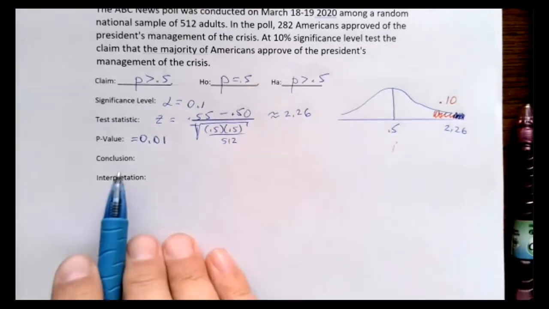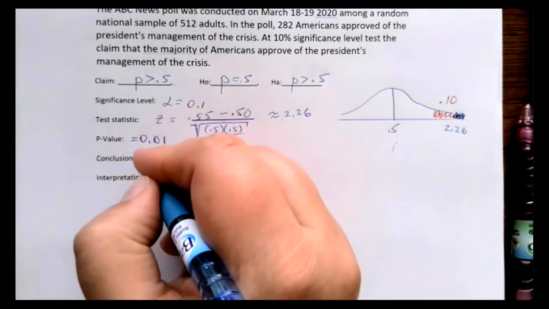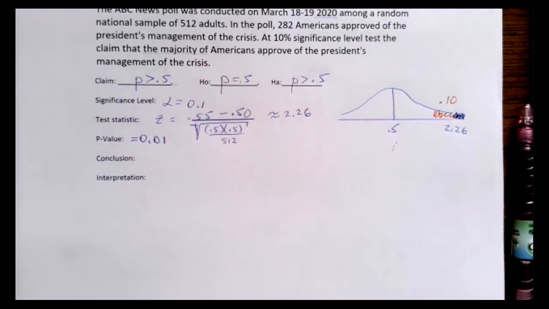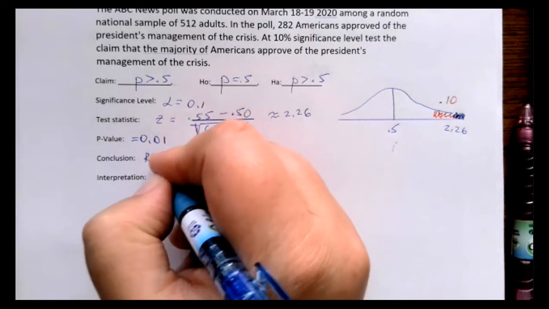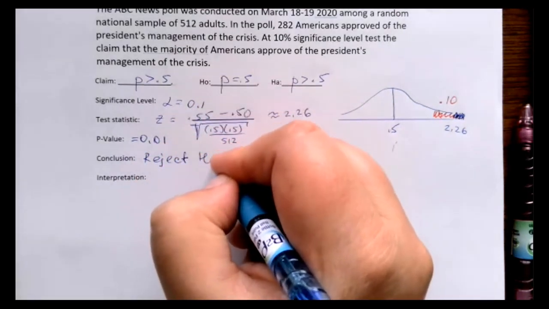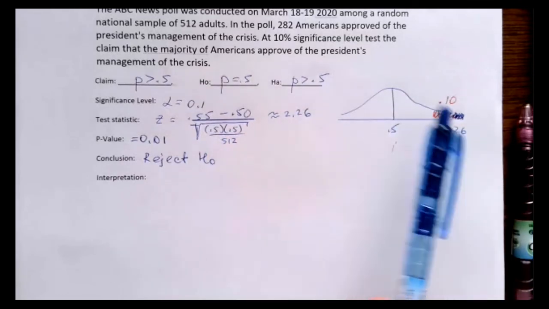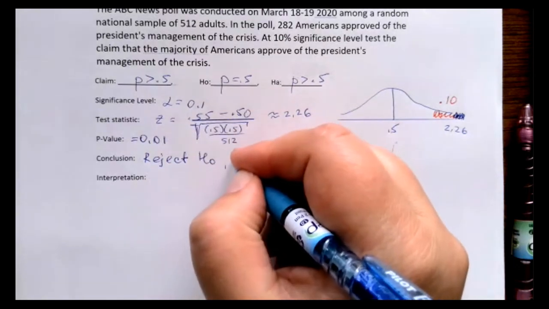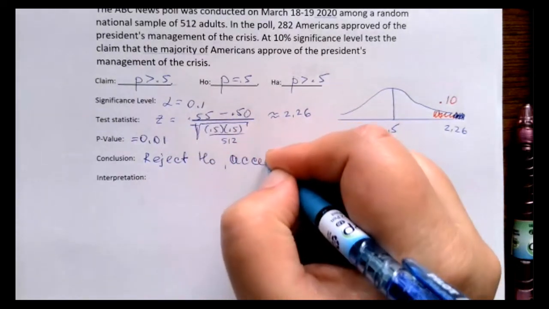And so here, let's write our decision or conclusion. Sometimes I call it conclusion, sometimes I call it decision. It's reject the null, because we got an unusual value that supports the alternative, and we're gonna accept the alternative.